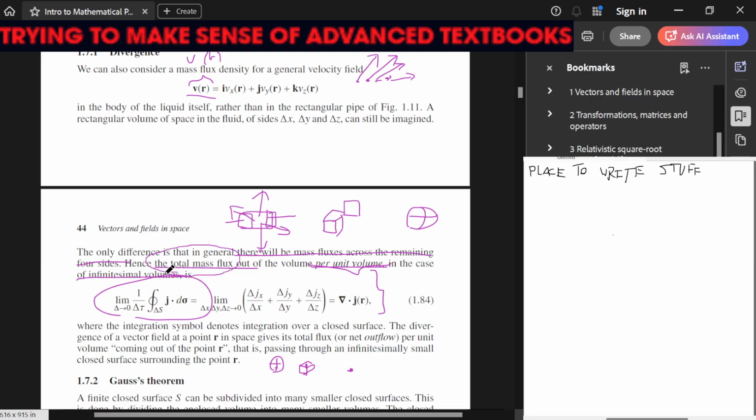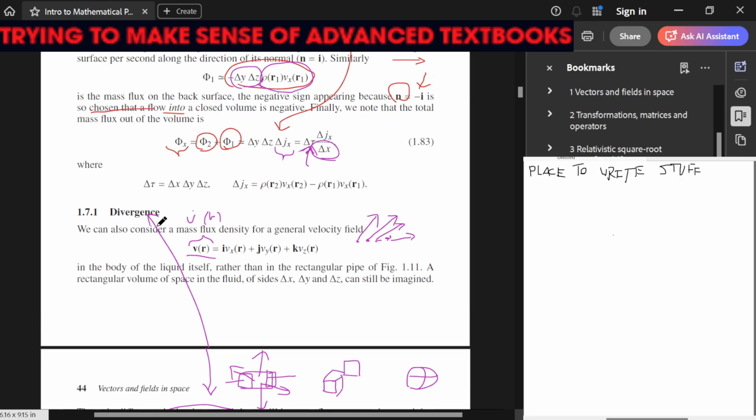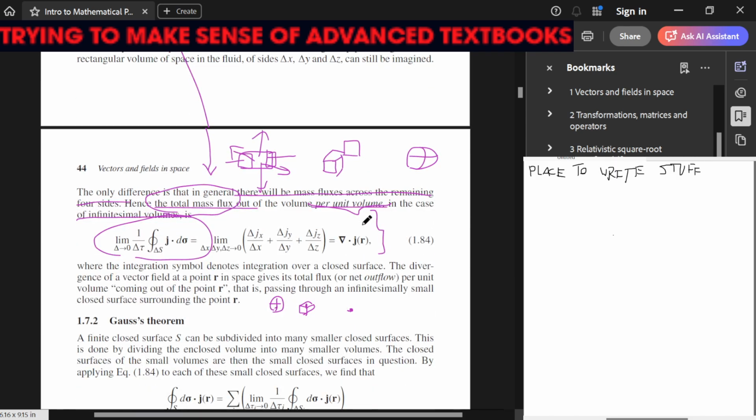Is the total mass flux the same as the divergence? Like, is that the same thing? Does it specify? We will assume it is until I Google it. I don't know.